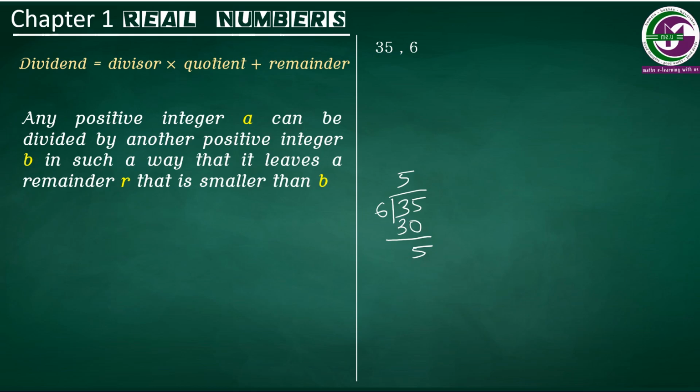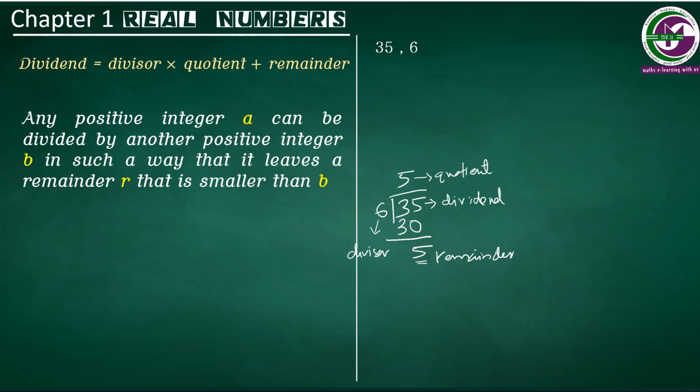So here 35 is the dividend and 6 is the divisor, 5 is the quotient and this 5 is the remainder.